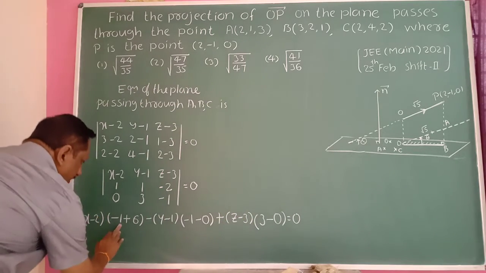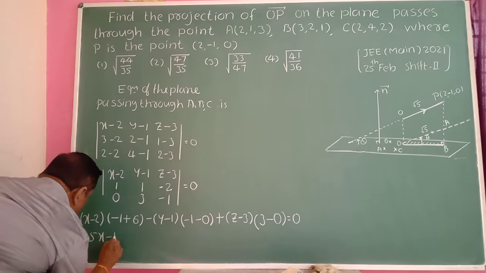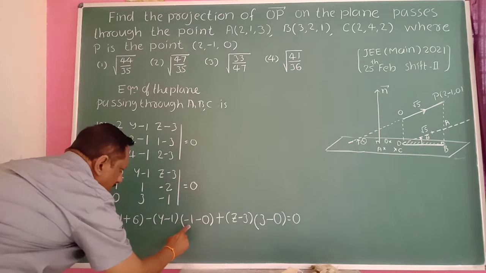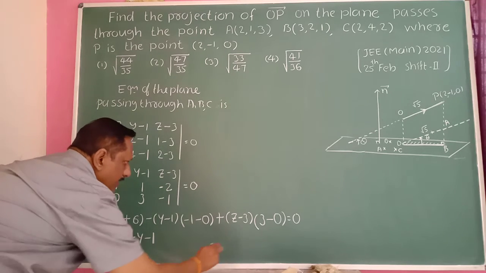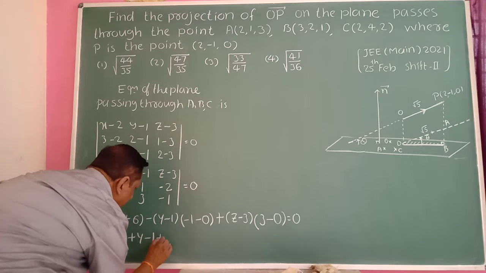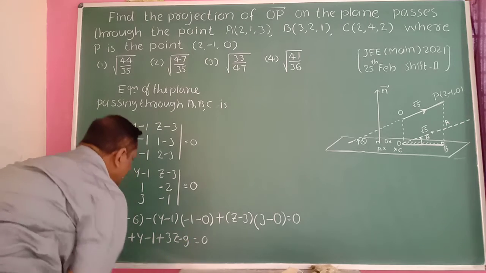Take 5 inside: 5x minus 10, plus y minus 1, then 3z minus 9, equal to 0.